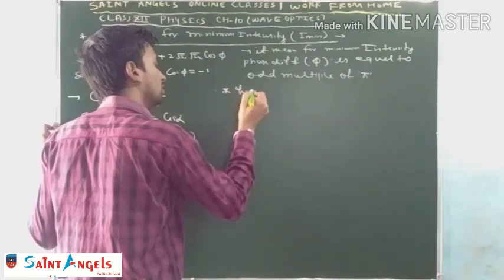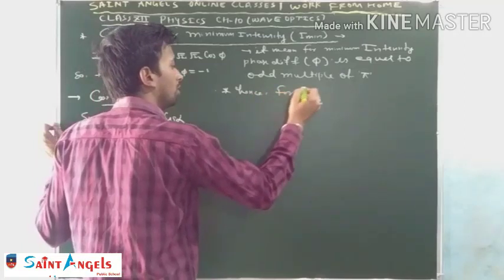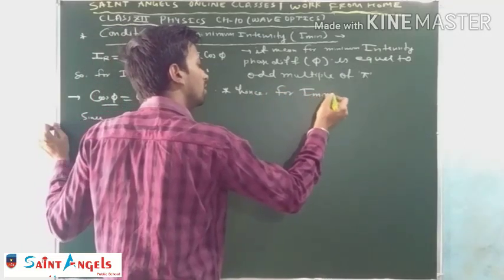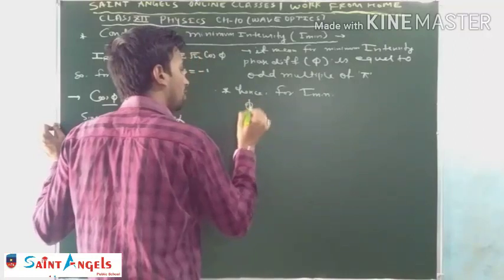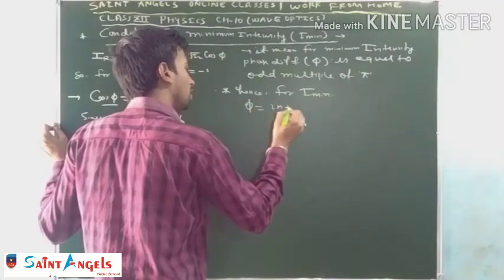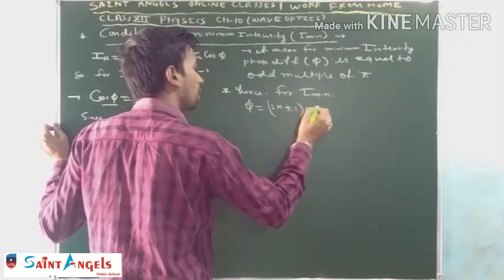Hence for minimum intensity, phi equals 2n plus minus 1 into pi.